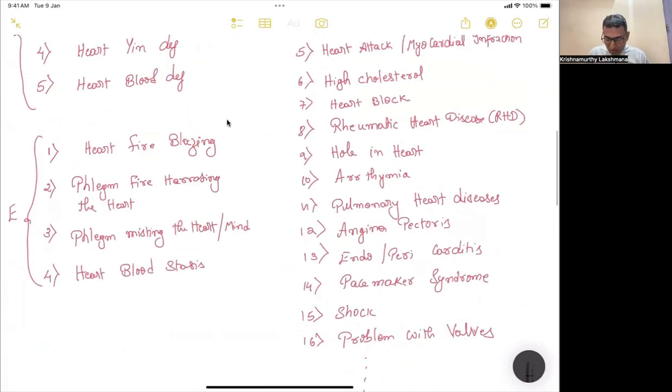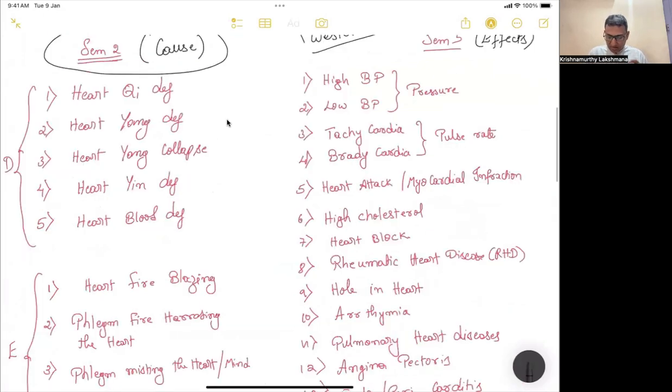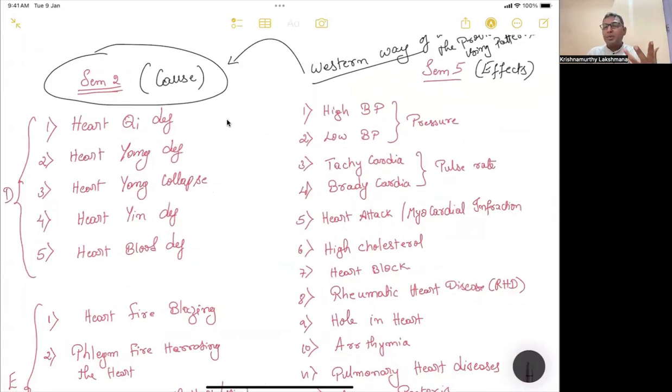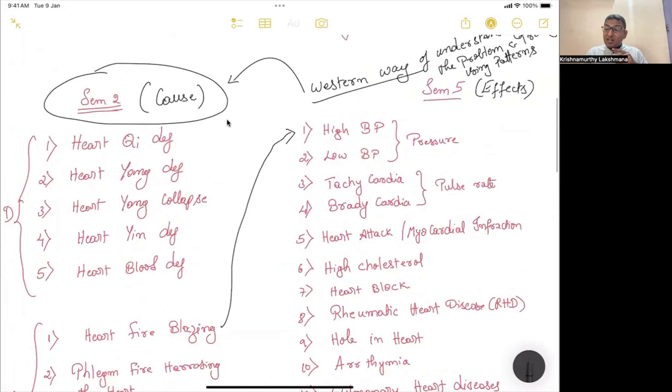And see, can you directly say high BP? What can cause high BP? Heart fire blazing can cause high BP. It is an excess condition, right? And say heart yin deficiency can also cause high BP. Yin deficiency is empty heat, right?